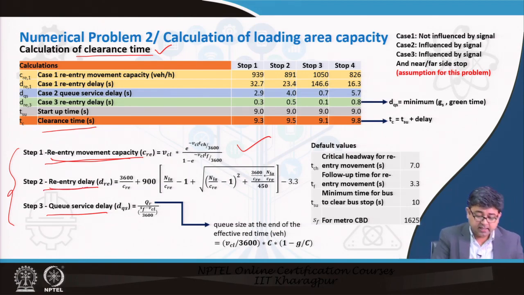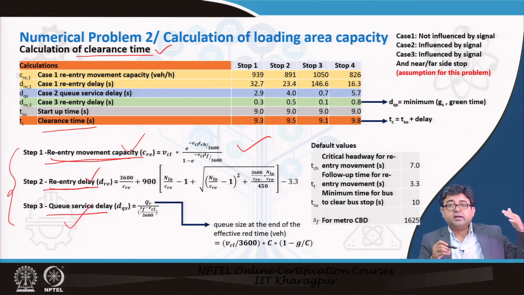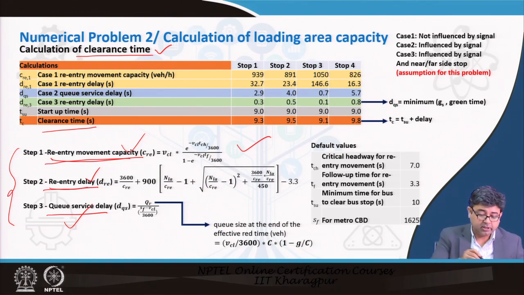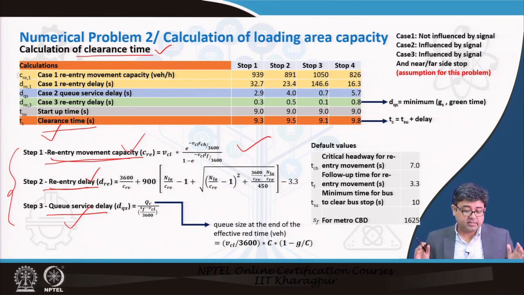Then the re-entry delay, so from capacity you can calculate the delay, right, and then the queue service delay. If queues of buses form that want to come into the loading area, the delay due to the queuing system for these buses is also calculated in order to determine the clearance time. That is the first thing in calculation of loading area capacity.